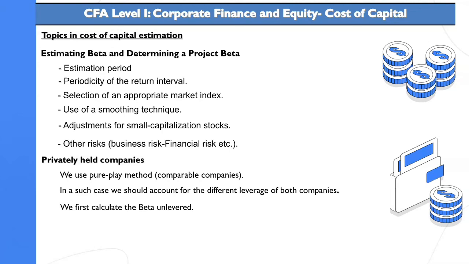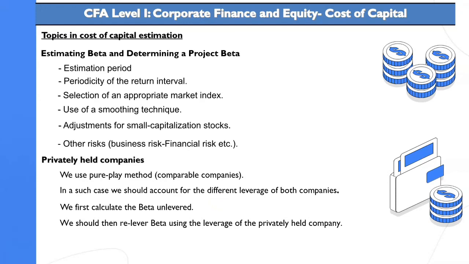If that company, for example, is 100% equity financed, it has no debt whatsoever, so the financial risk is very low. I can't take the same beta and use it there. I need to de-lever beta, to remove the effect of leverage from beta. So I get the unlevered beta, and then re-lever it using the leverage of the other company.